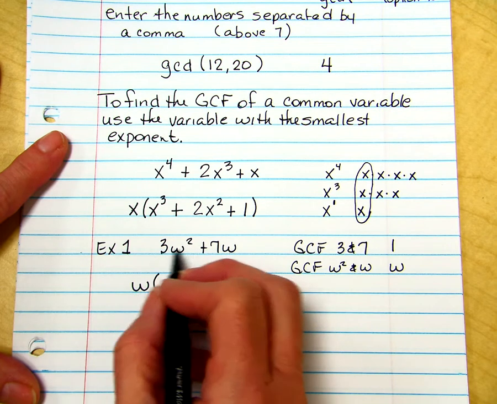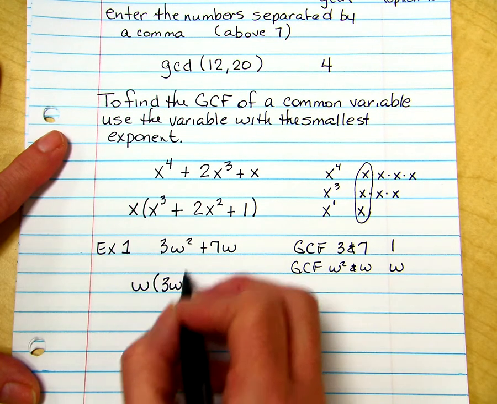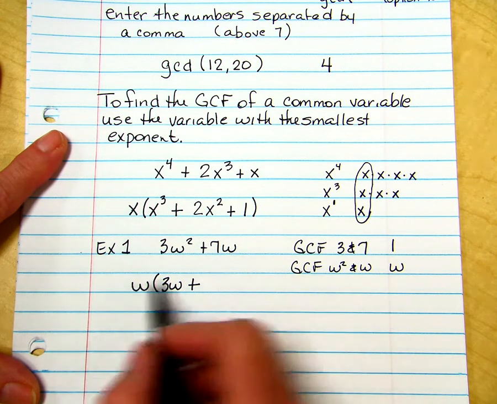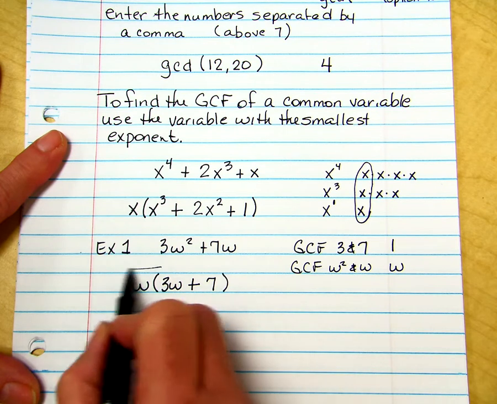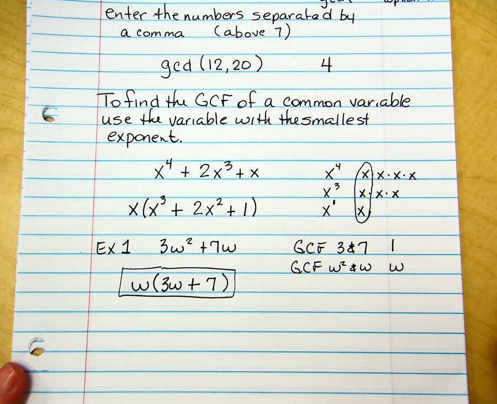What's missing to get the 3w squared is 3w, because w times 3w is 3w squared. What's missing with the 7w is just the 7. So this is our factored form of 3w squared plus 7w.